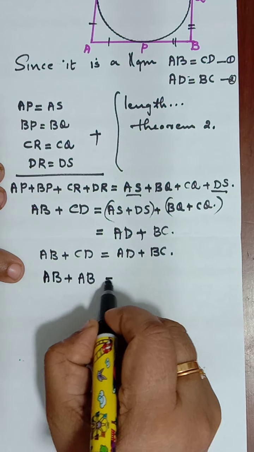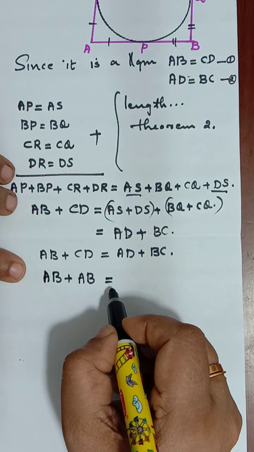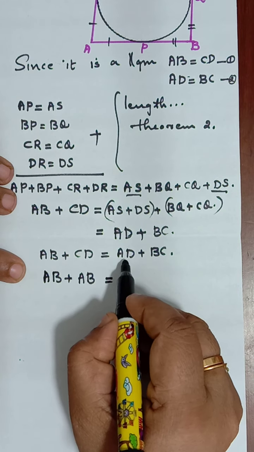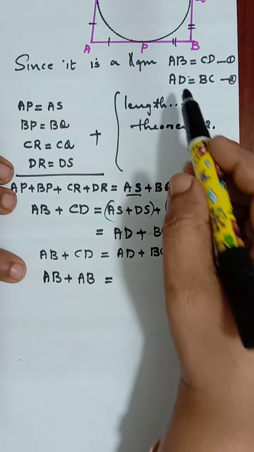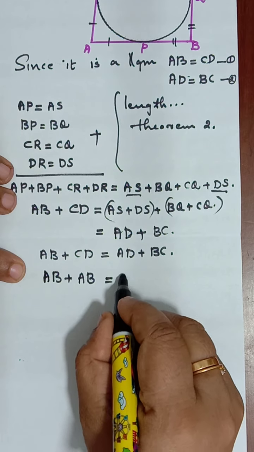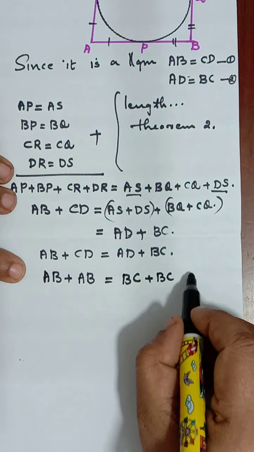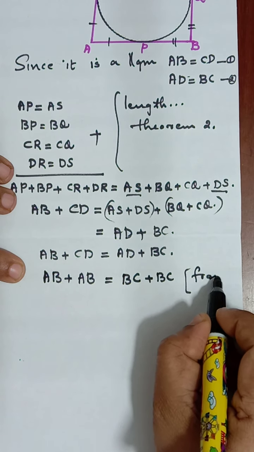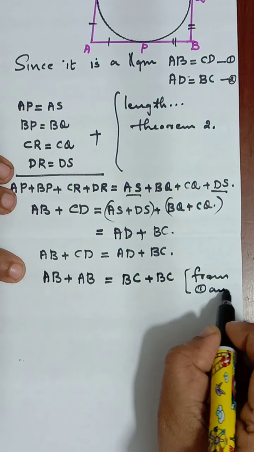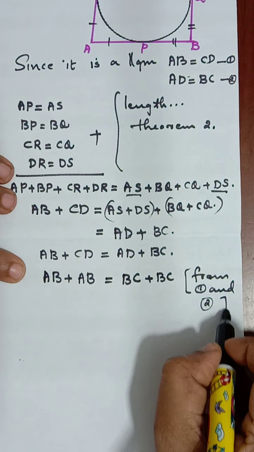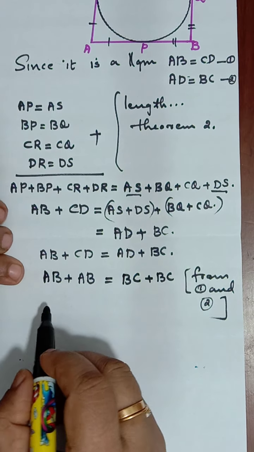So 2 times AB, and here AD. What is AD equal to? Isn't it BC? Instead of this I'll write BC plus BC. So the reason is from 1 and 2.